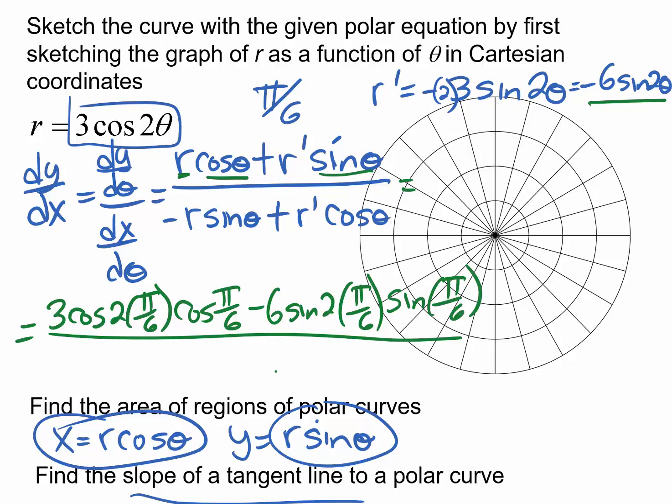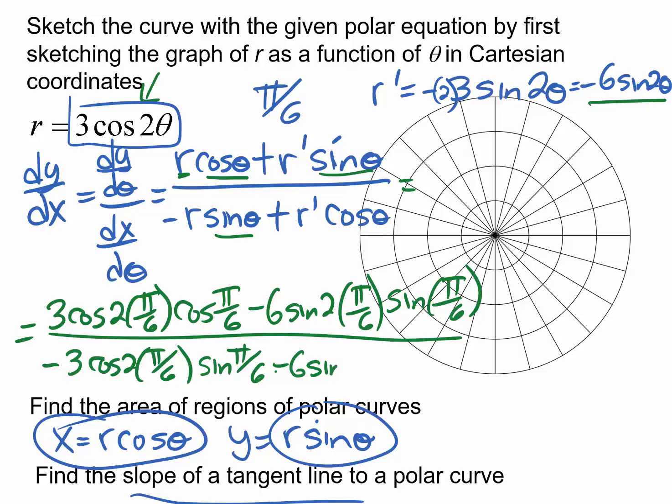So r was right here, and so it's going to be negative 3 cosine 2, put in pi 6, and then it's going to be sine theta, so sine pi 6, and then plus r prime, but it was negative on r prime, so negative 6 sine 2, and put in theta, pi 6, and then cosine of theta, so cosine pi over 6.